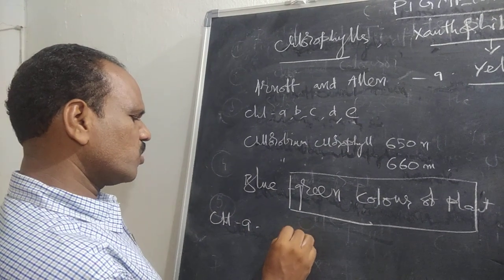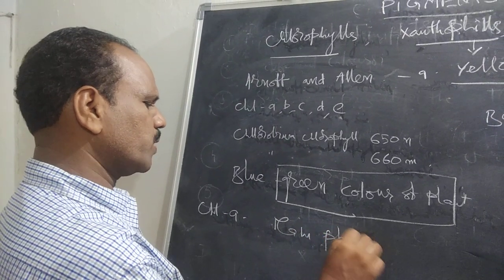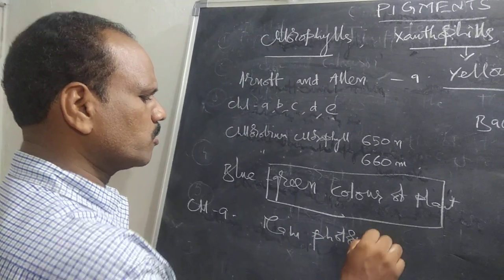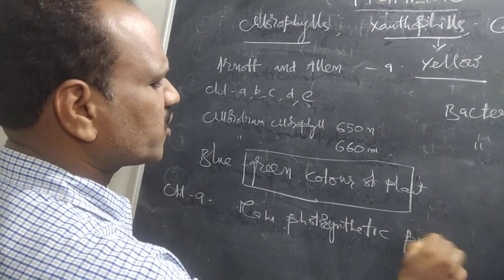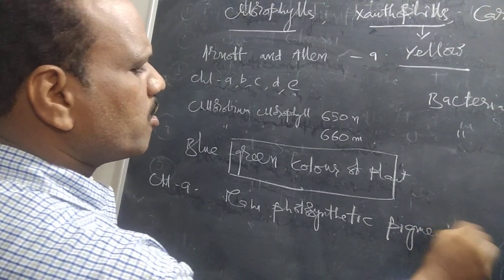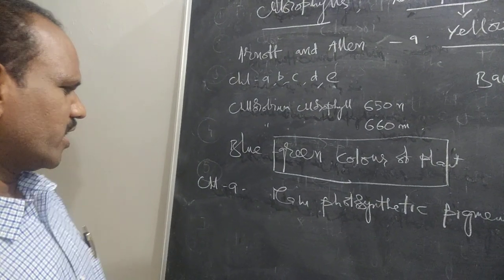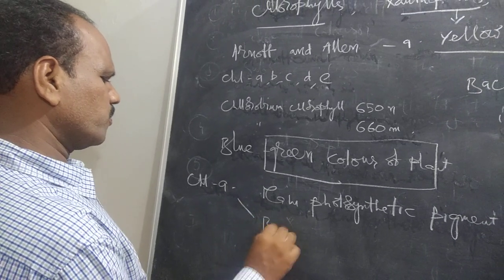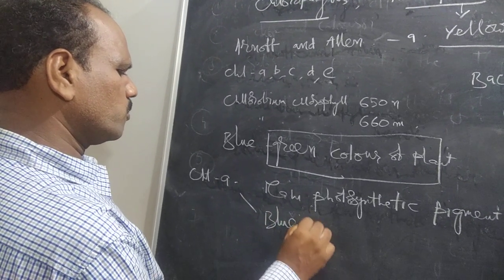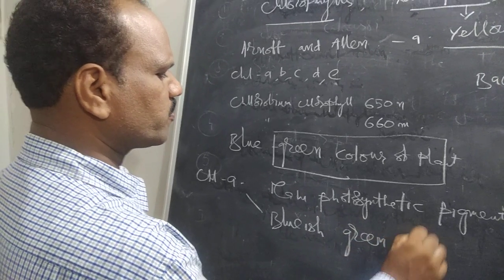It is the main photosynthetic pigment, present on the membranes of thylakoids. It is a bluish-green color pigment.